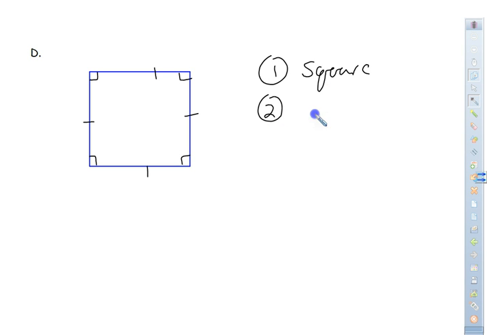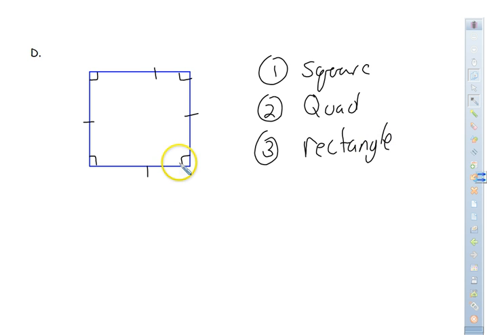One, you could call it a quadrilateral. The third one, you could call it a rectangle, because again it has opposite sides congruent and parallel, and it has 4 right angles. The fourth one we could call this is a rhombus, because it has 4 congruent sides.